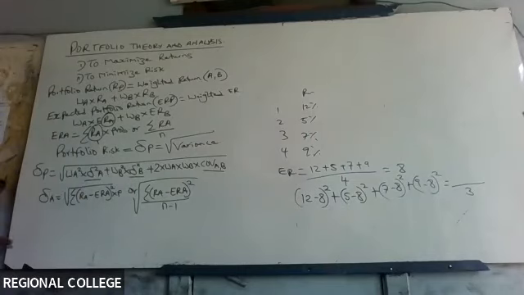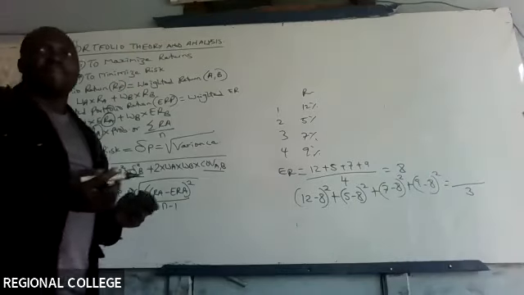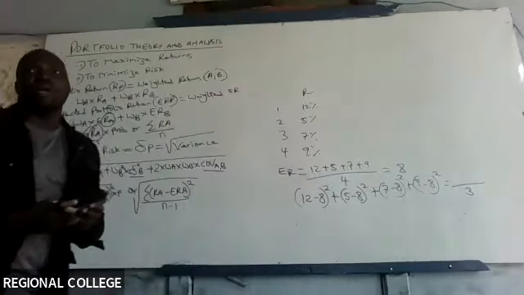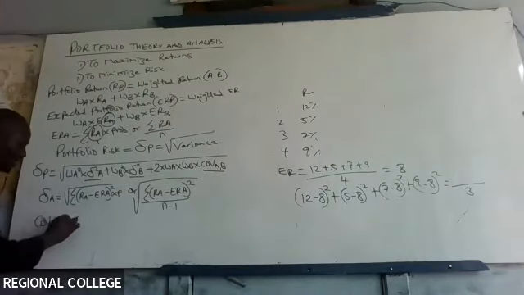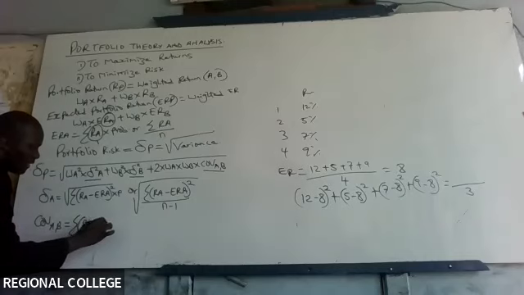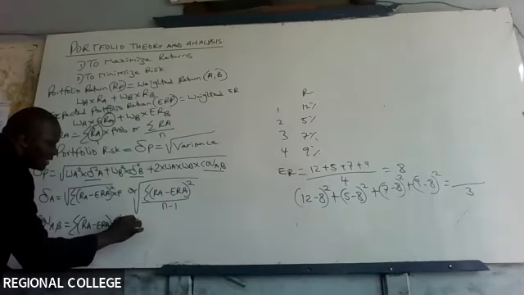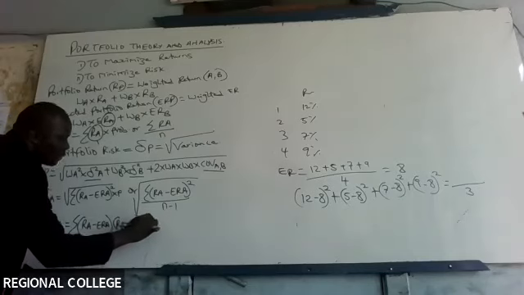So how do we get the covariance of AB? Covariance of AB, we are combining A and B. So the summation of the returns of A minus the expected returns of A, we also bring in the returns of B minus the expected returns of B, times the probability.